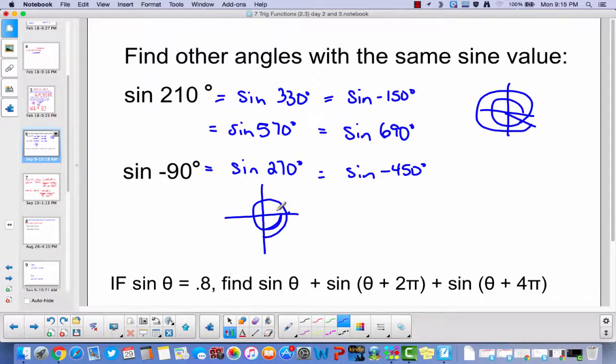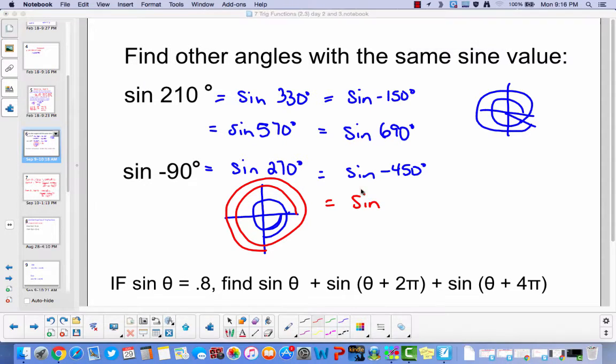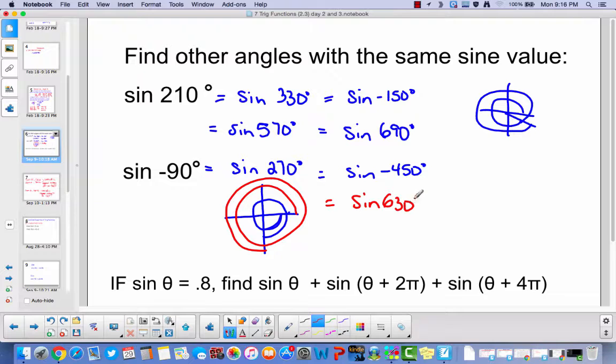We could go in the positive direction and say here's 270, and then go another 360 degrees. So 270 plus 360. Sine of 270 plus 360 would be the sine of 630 degrees. And again, we can repeat that.